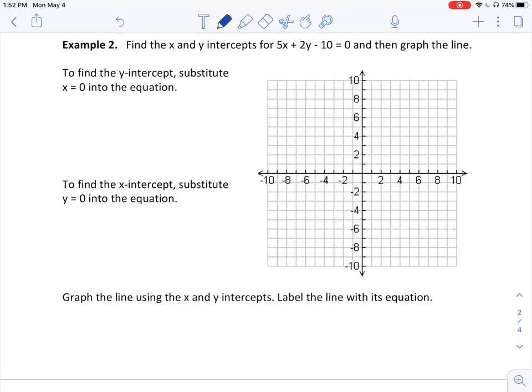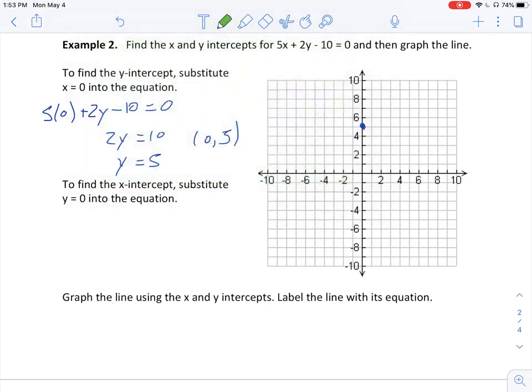So I know that would be 5 times 0 plus 2y minus 10 equals 0, which gives me 2y is equal to 10, y is equal to 5. So then my coordinate is (0, 5), or when x is 0, y is 5. So I go ahead and plot that.